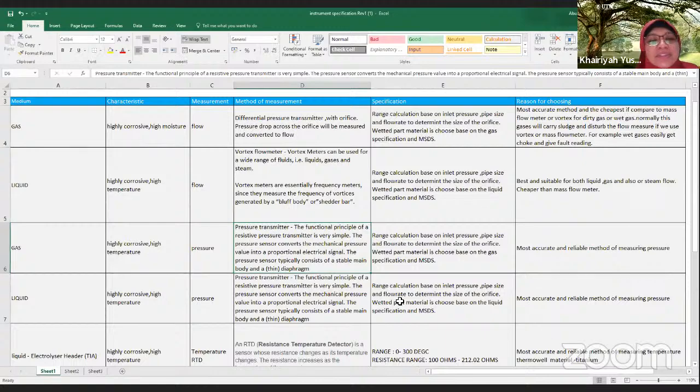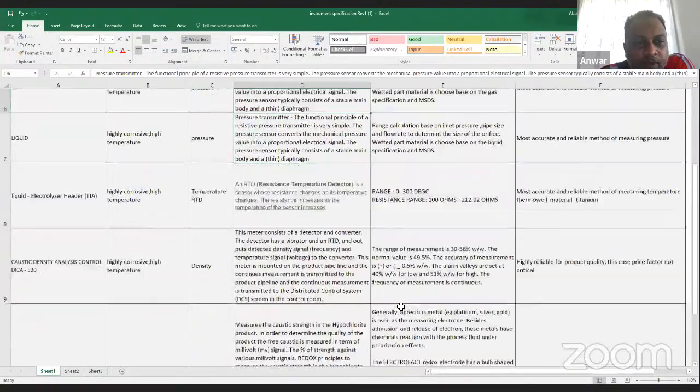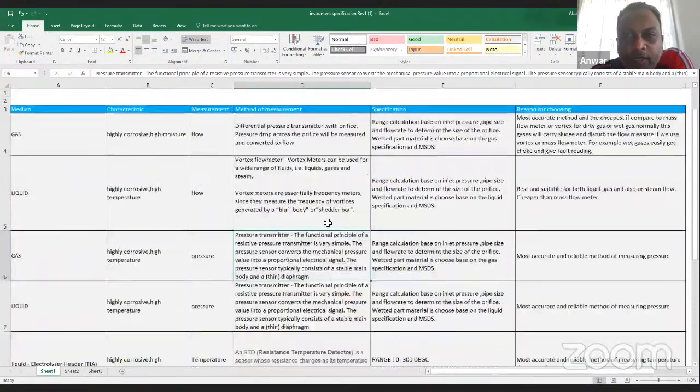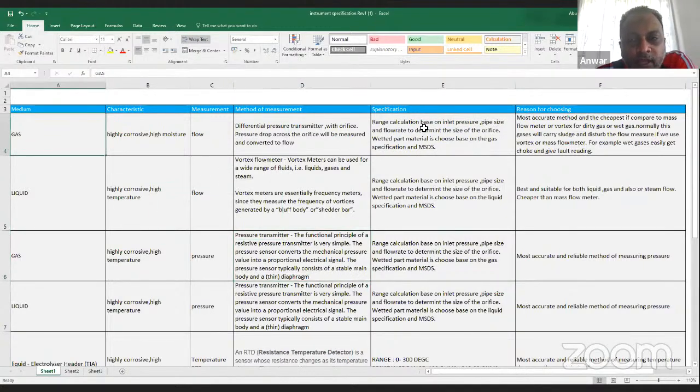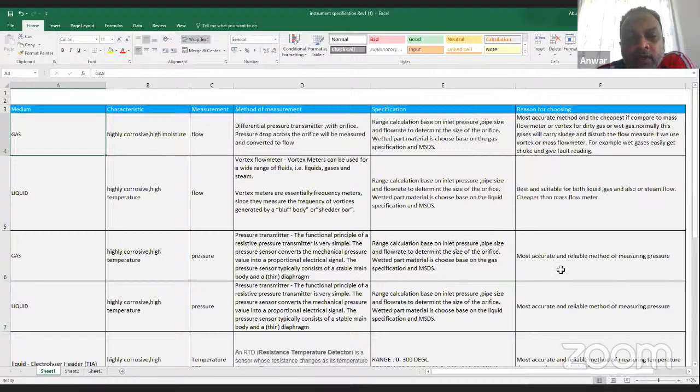Thank you. Okay. I didn't collect many examples because I was quite tied up in my work for the past few weeks. But yes, there are several examples here in terms of the selection method that we have used when we need to design an instrumentation system.